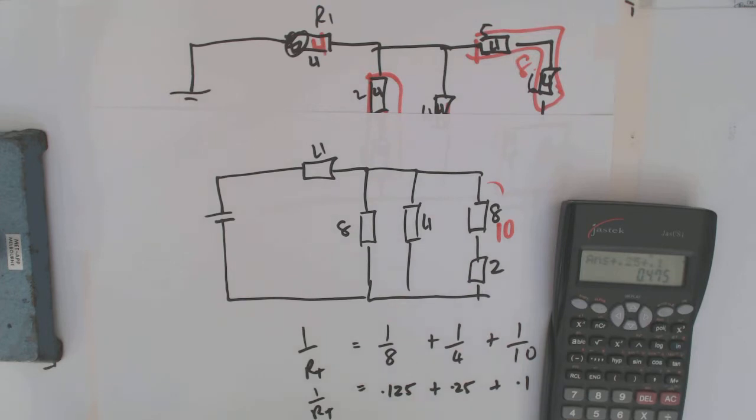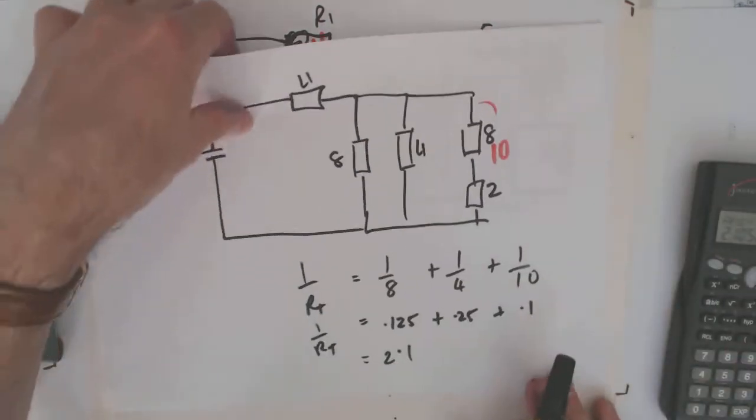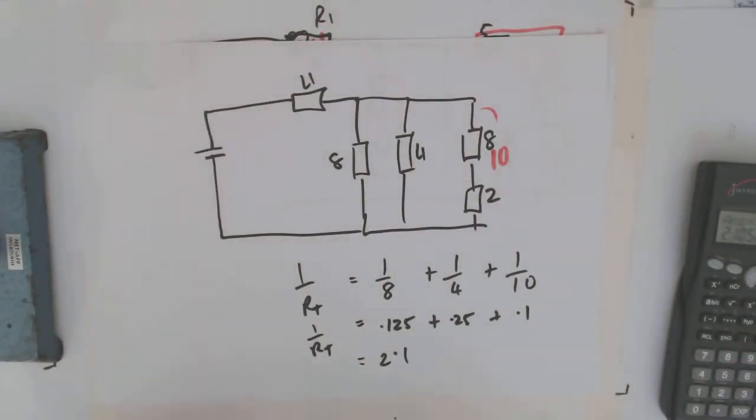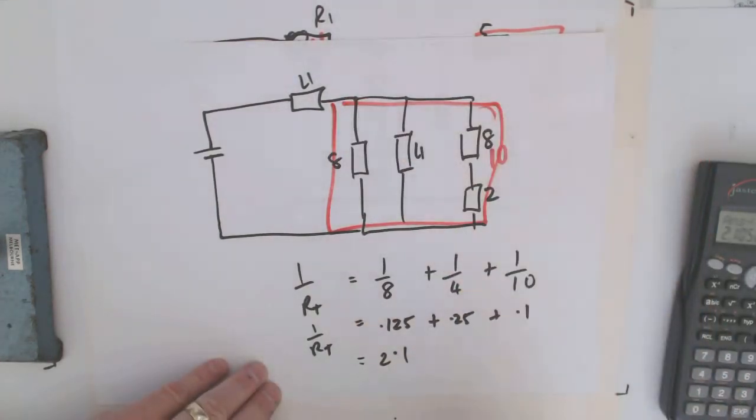All comes out to be 0.475. I want to inverse that, divide it into 1 to get my RT, so I just use my x to the minus 1 key, and I ended up with 2.1 ohms. So I've got the equivalent resistance of my parallel section of 2.1 ohms.